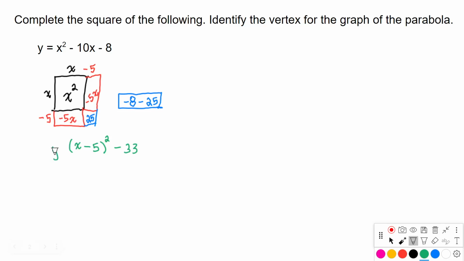This was an equation, so I do need y equals. If I were to graph this, my vertex would be located at 5, -33.